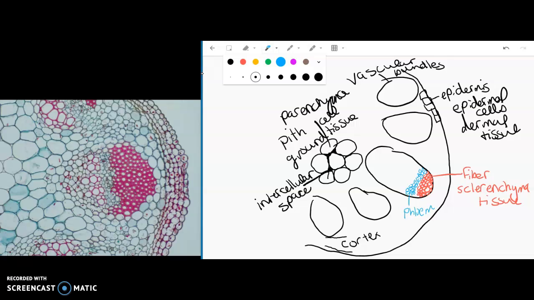And then further in, we get some larger cells, again with thicker cell walls. And these larger cells are most likely vessel elements, but they're part of the xylem, and they transport water up the stem. Okay, remember phloem for food, xylem for water.